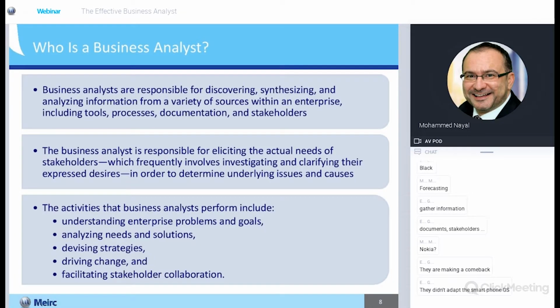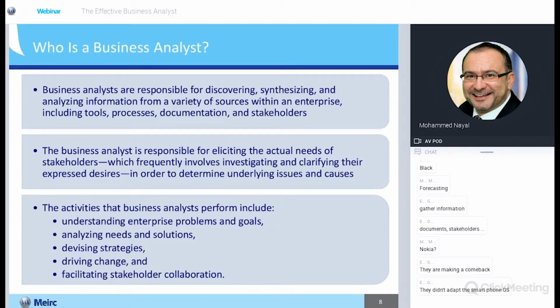So if you think of the skills needed for a business analyst, there are quite a lot of skills that are needed because the BA, the business analyst, is responsible for actually gathering the needs of stakeholders. And that means that they have to play a role of an investigator.